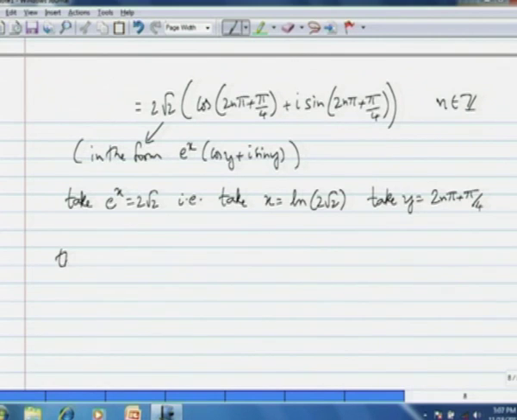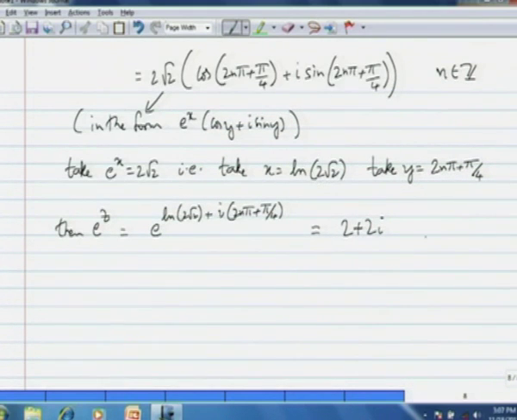Then e power z equals e power x plus iy, that is, ln 2 root 2 plus i times (2n pi plus pi by 4), will be equal to 2 plus 2i, for n belonging to Z. Since there are infinitely many integers, we can conclude that there are infinitely many solutions to the equation e power z is 2 plus 2i.